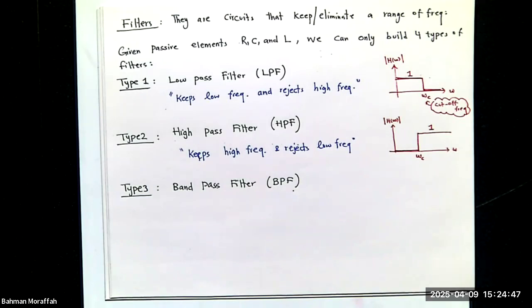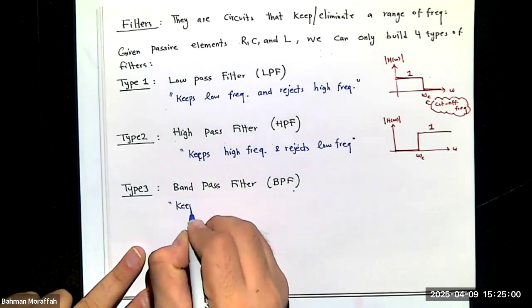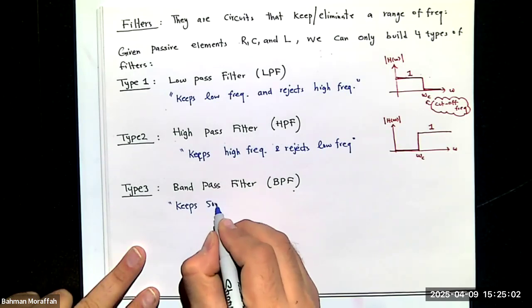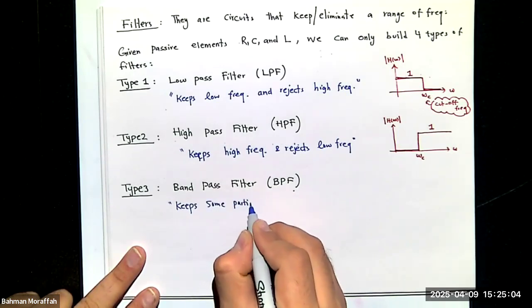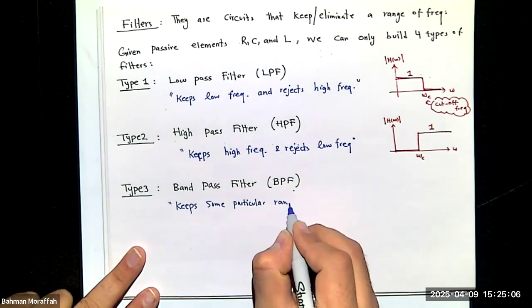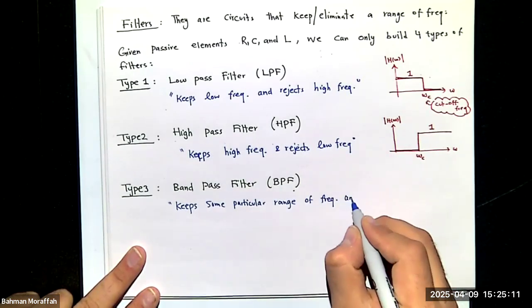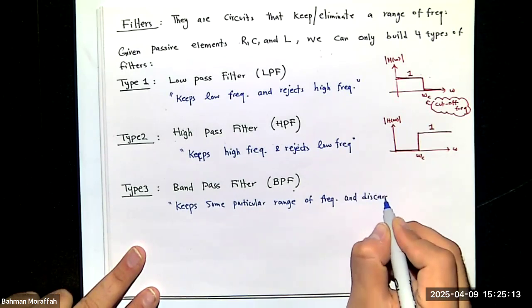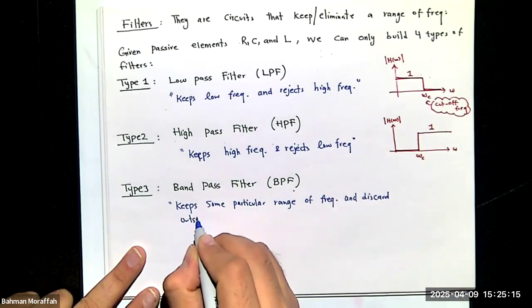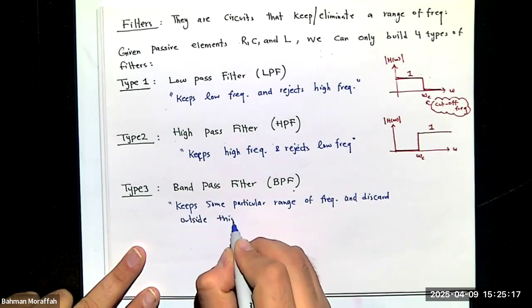And what it does is that it keeps some particular range of frequency and rejects whatever is outside that range. Right? So it keeps some particular range of frequency and discards outside this range.